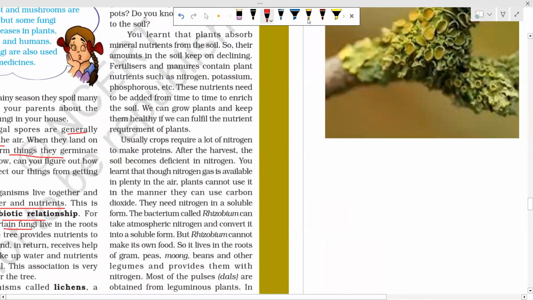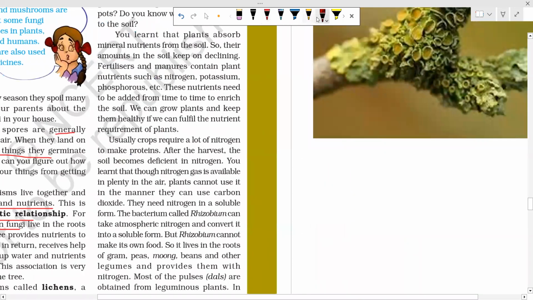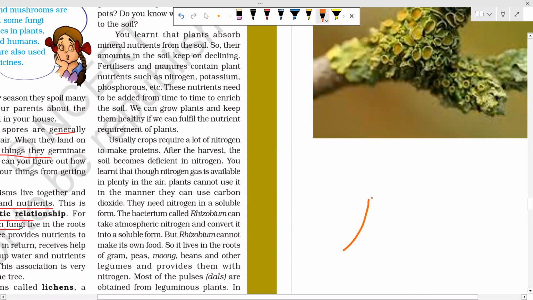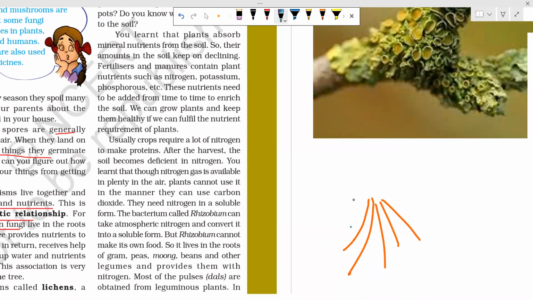Suppose these are the roots of some plant. Near the roots, small fungus will grow. And this fungus helps the plant to absorb water.